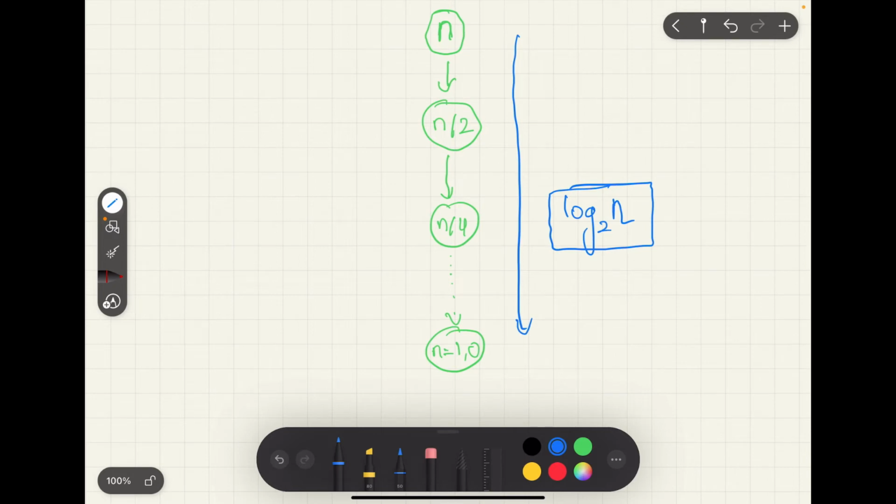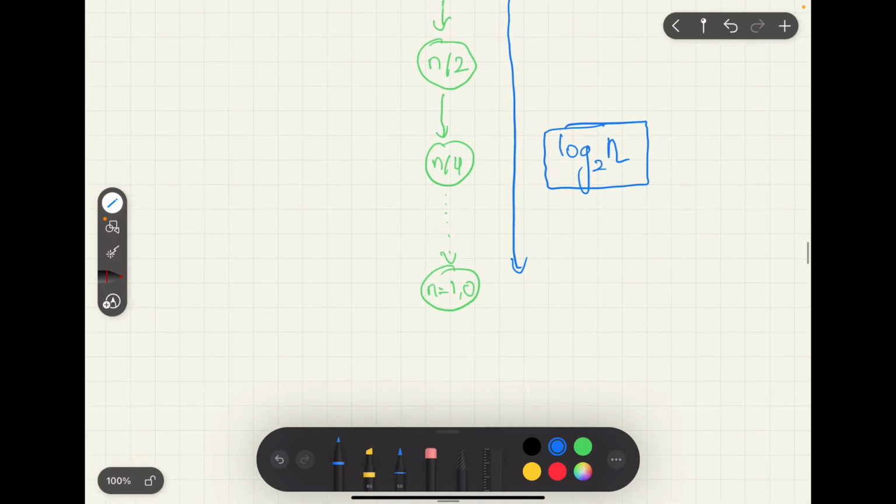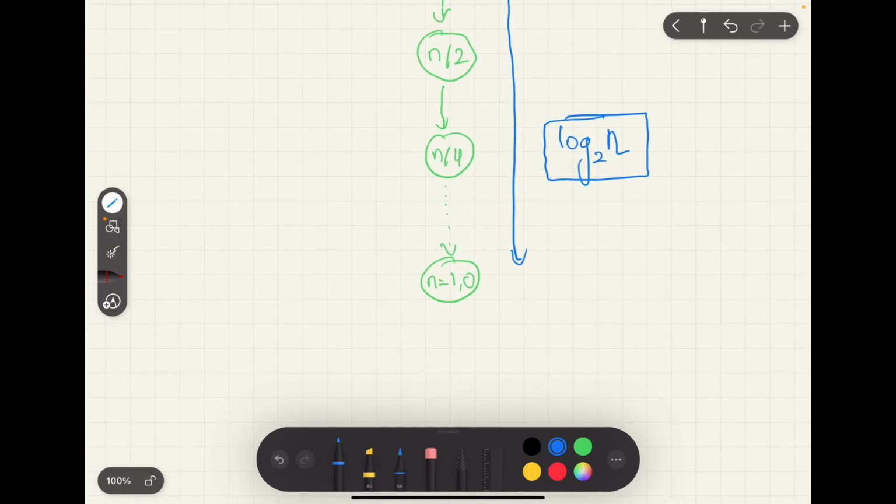Now we also said that recurrence trees are actually very handy in coming up with the time complexity for our solution. So first of all, discussing the time complexity, you might see that there are a lot of different methods to calculate the time complexity for a recursive solution.